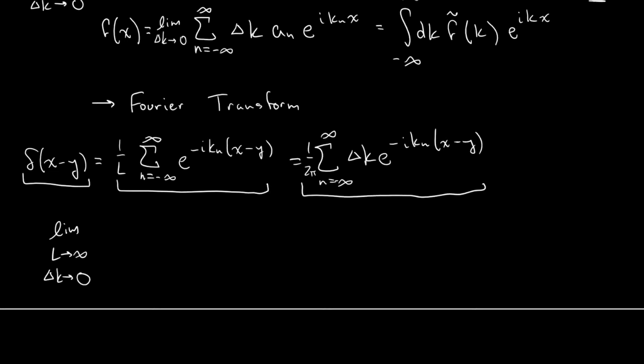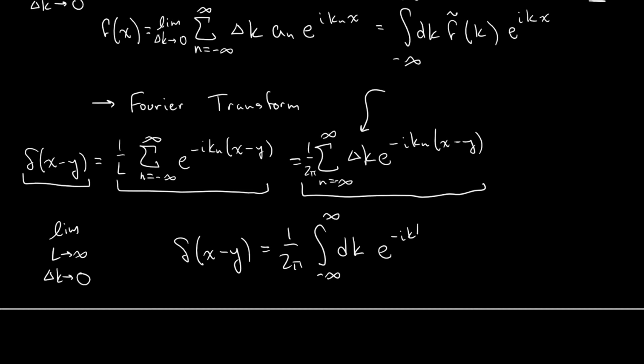But you see here, again, I'm going to end up with an integral when I take this limit. And so I'm going to end up with a relation for my delta function, which looks like 1 over 2 pi, integral from minus infinity to infinity, dk e to the minus ik times x minus y.